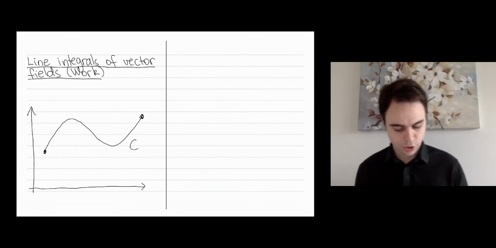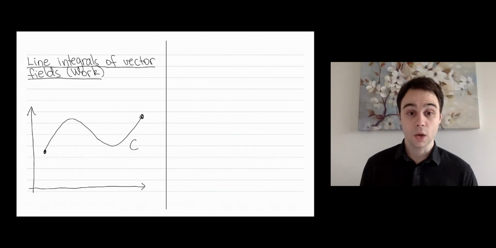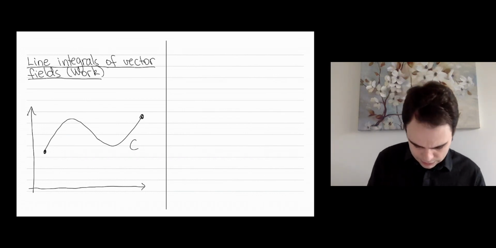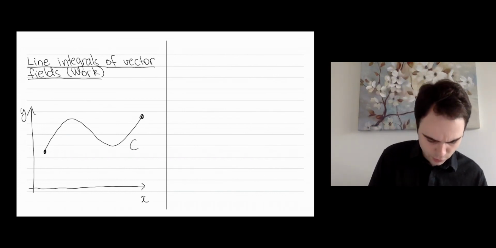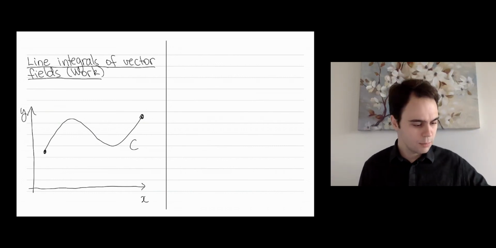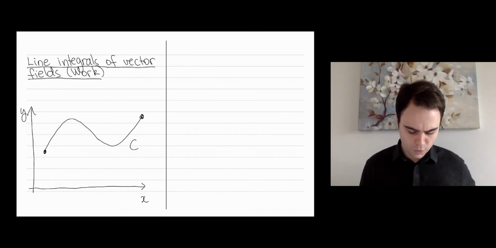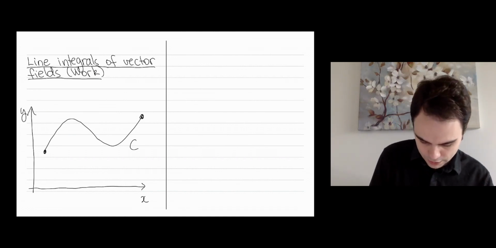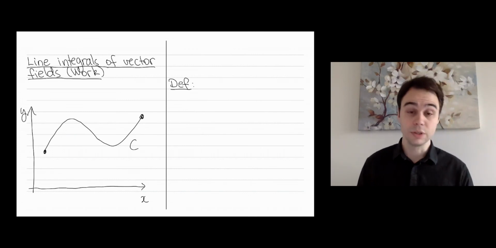I'm drawing it in 2D because it's easier, so we can just focus on the concepts. We're going to be talking about the integral of a vector field over this curve.